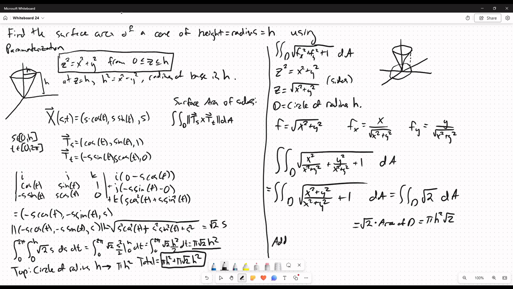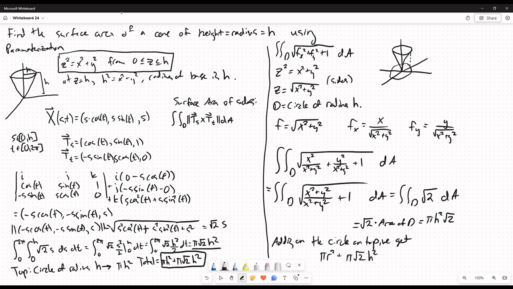Adding on the circle on top, we get the nice answer of pi r squared plus pi square root of 2 h squared.